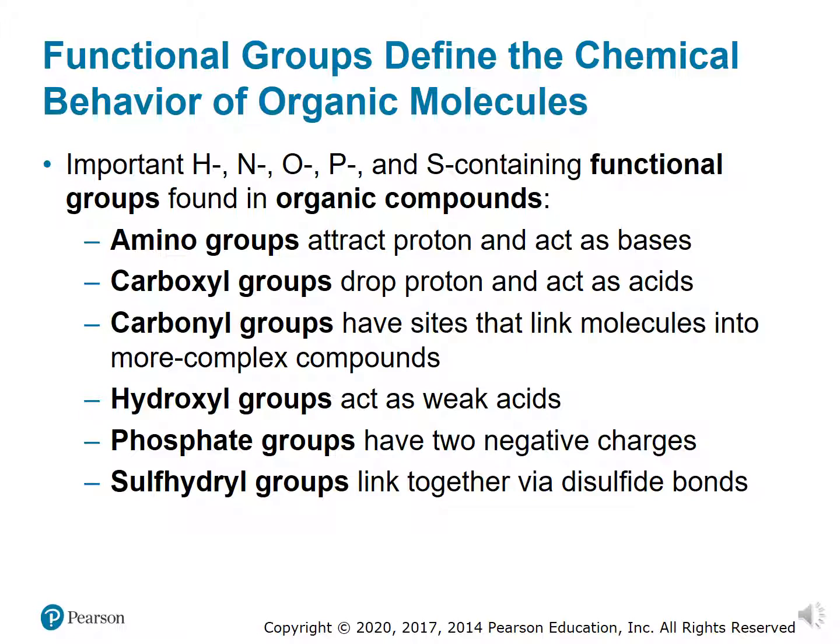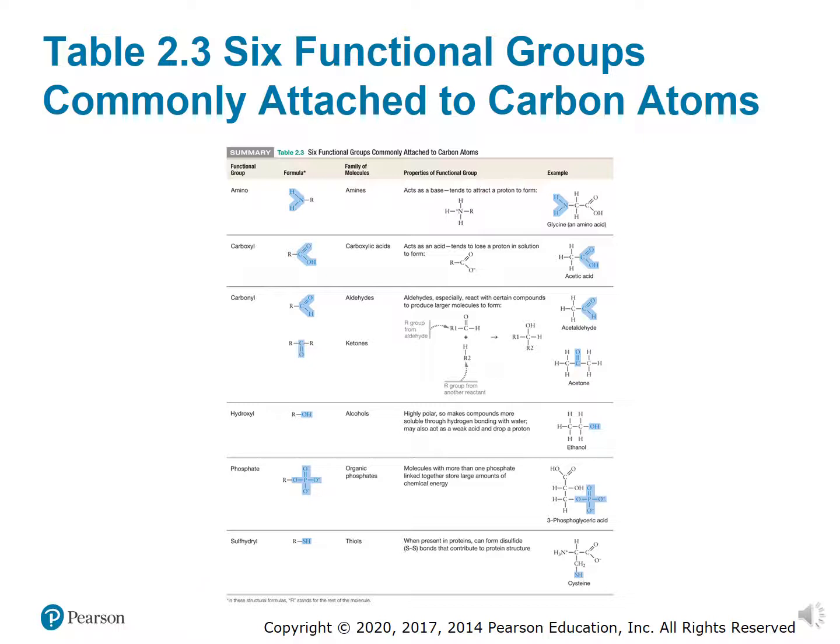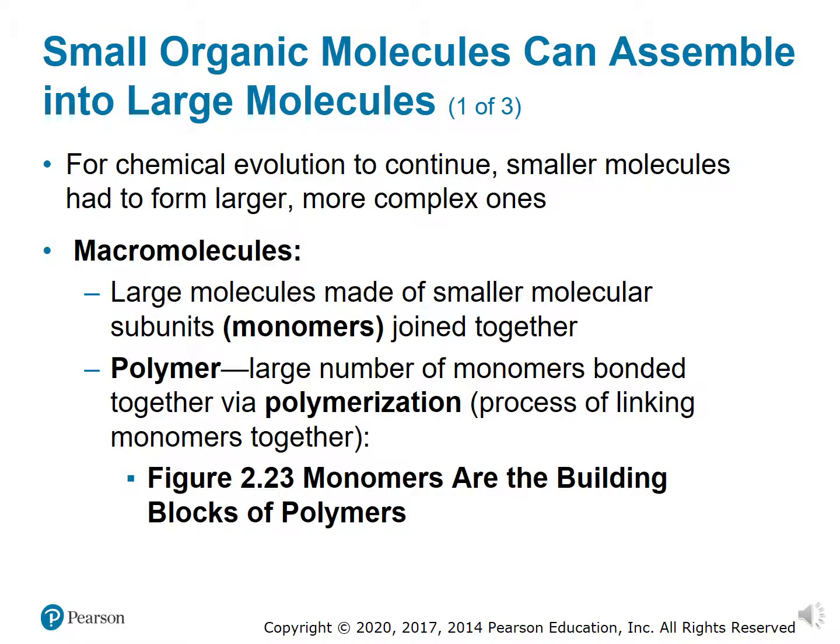Some of these functional groups are amino groups, carboxyl groups, carbonyl groups, hydroxyl groups, phosphate groups, and sulfhydryl groups. If you look in your book at table 2.3, you can have a clearer picture of each of these functional groups.